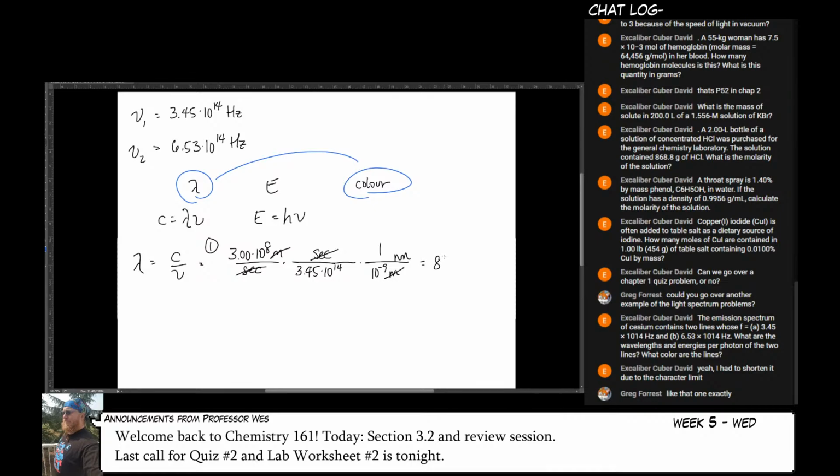I got 869.5, so 870 nanometers, which is not visible. That's infrared. You wouldn't be able to see that.